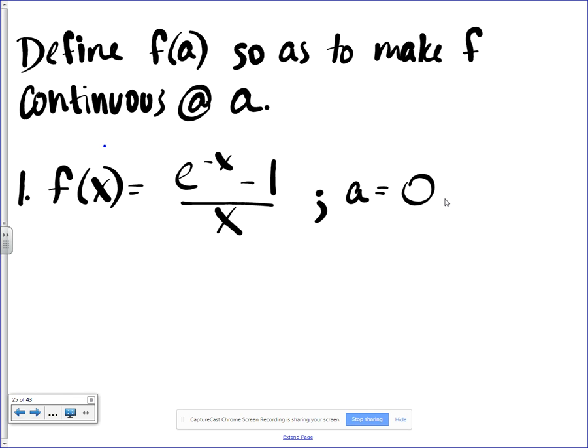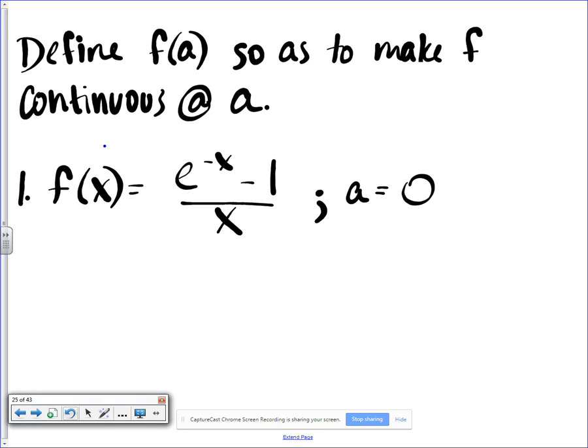Well, in order to fill in a hole, I've got to figure out where the hole is. Well, I know the x-coordinate is 0 because I am specifically telling you this. I've got to figure out what the y-coordinate would be so I could fill in that hole.